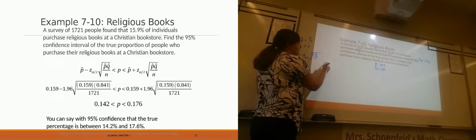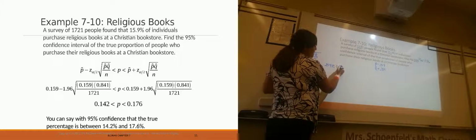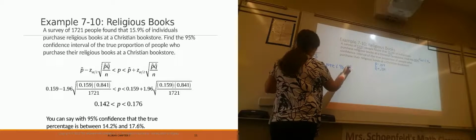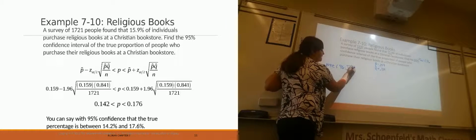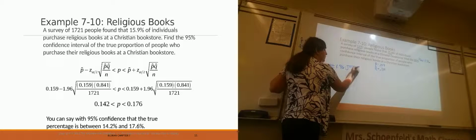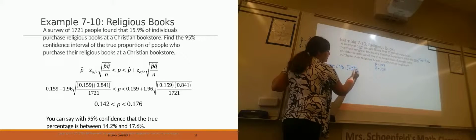My p hat is 0.159, I already did that. Everything else you should be able to have now. So my p hat is 0.159, that was just this group of people, plus or minus 1.96 times the square root of 0.159 times 0.841 all over 1721.